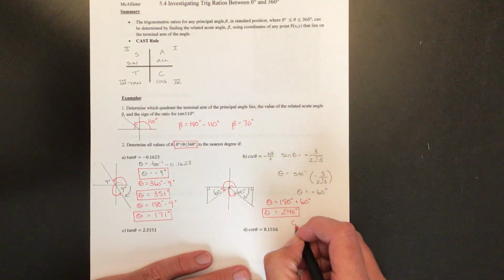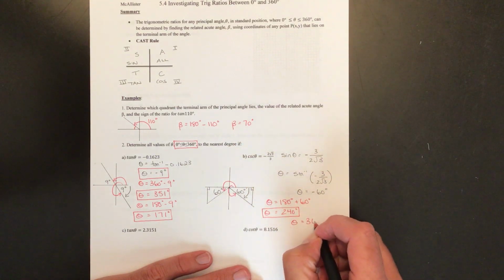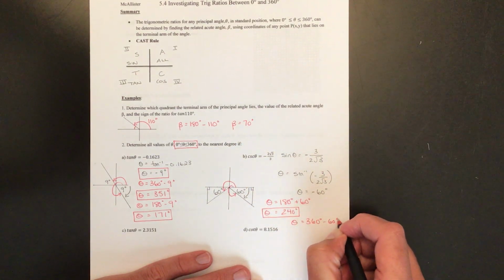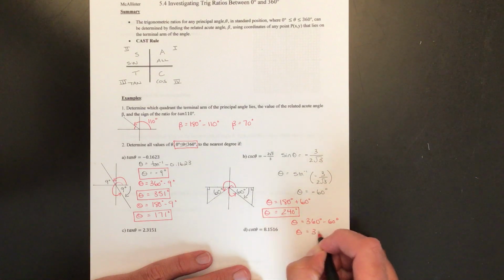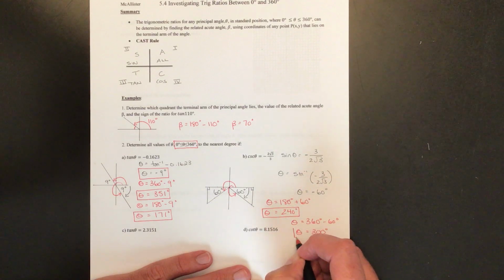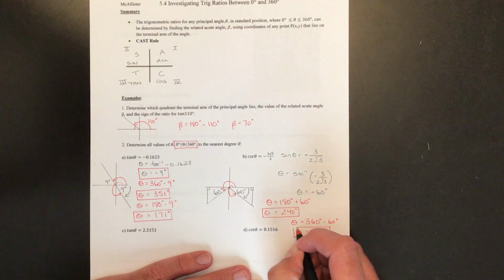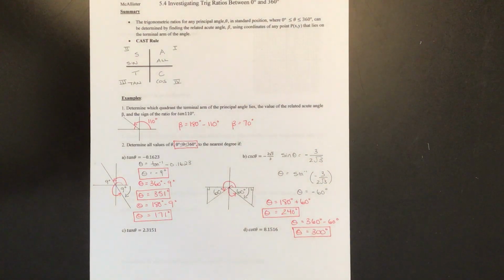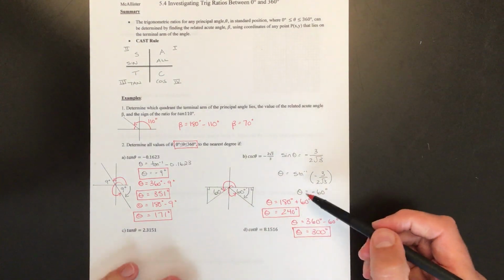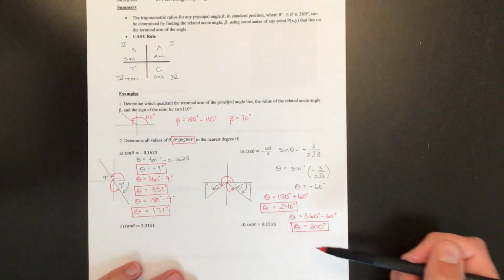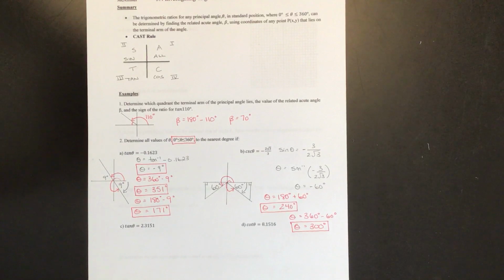And then the other is 360, and we subtract the 60, so it's 300. So again, if you type in the sine of 60, the sine of 240, and the sine of 300, you'll end up with the same decimal.